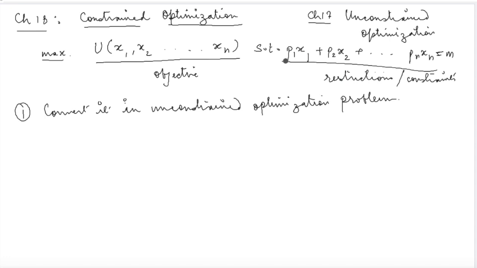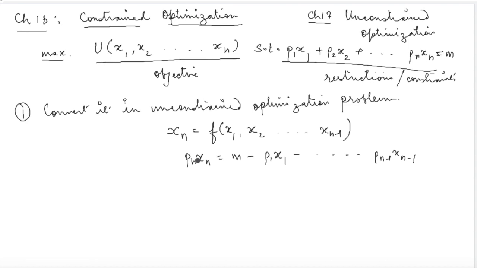So you notice that यहाँ पे when you look at the restriction or the constraint function, we can say that one of the variables is basically a function of the rest of the variables. So xn here, अगर इसको थोड़ा सा modify करो, so you can actually write the entire equation in terms of xn. And further you can calculate the exact value of xn by dividing both sides by pn.